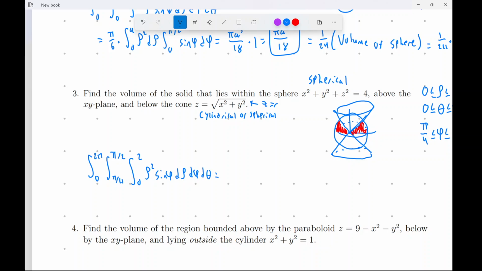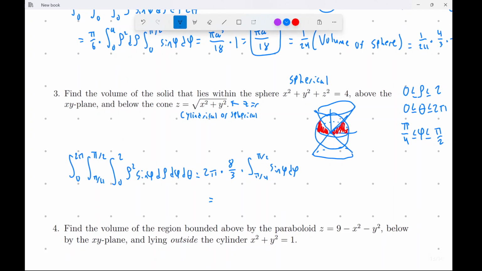Okay. Once again, the theta integral is the easiest. That's just 2 pi. The rho integral is also going to be relatively straightforward. That is going to be 8 over 3. And then I'll actually do the phi integral just so that I know I don't make a mistake. If I do that, I get 16 pi over 3 times, okay, let's see.